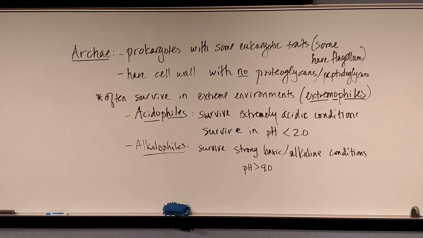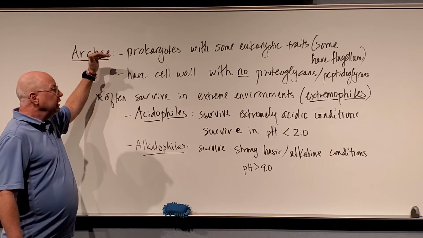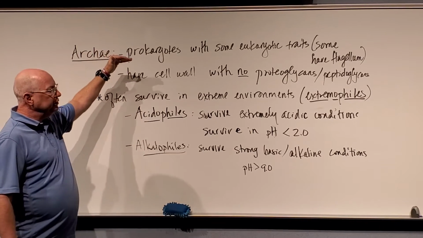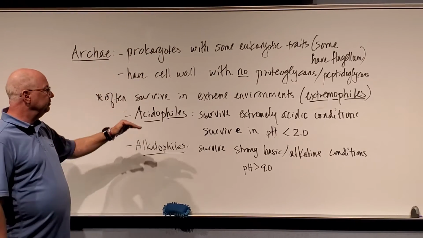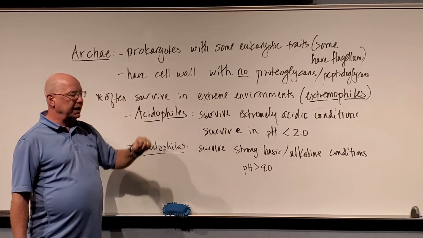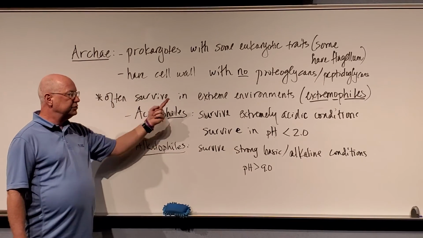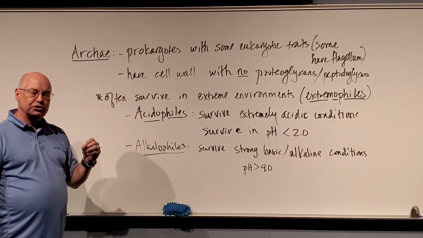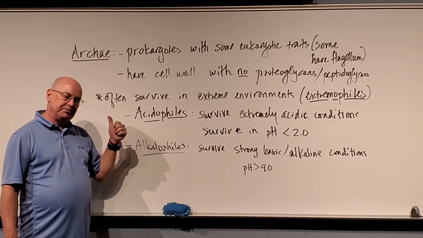Okay? So this is a group of organisms that belong under the category of Archaea. Now, all Archaea we know are prokaryotes. Some can have some eukaryotic traits, like a flagellum. They do have a cell wall that lacks peptidoglycans and proteoglycans, and many of them survive extreme environmental conditions, called extremophiles. Acidophiles love acid.